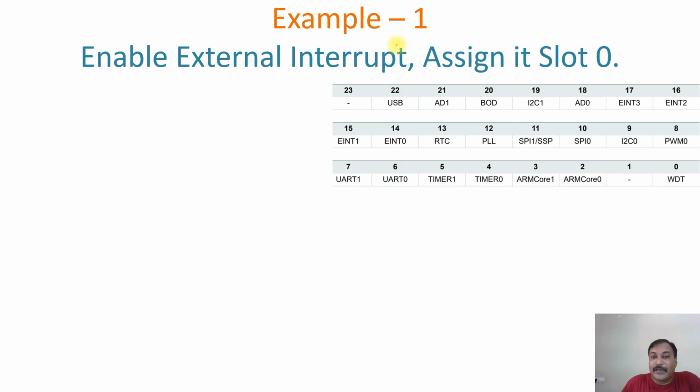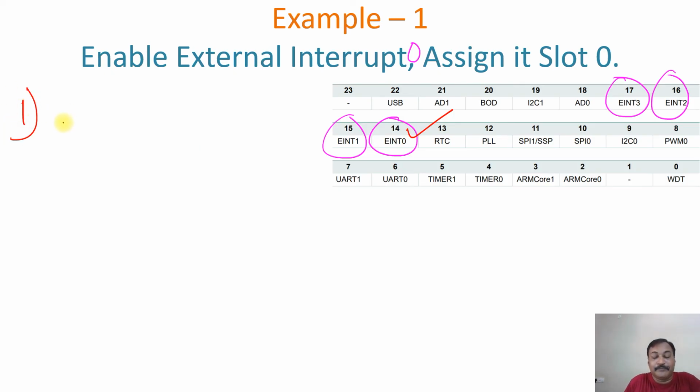External interrupt 0, let us say. So assign external interrupt 0 to slot 0. Because we have 4 interrupts, external interrupt 0, external interrupt 1, external interrupt 2 and external interrupt 3. I want to use external interrupt 0 and I want to assign that to slot 0. So what are the three simple things? First one is enable.